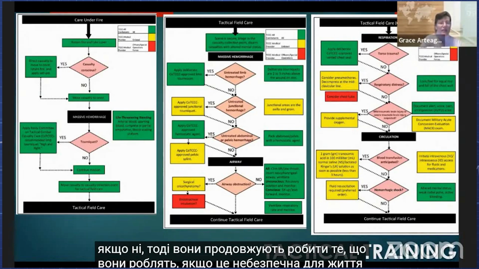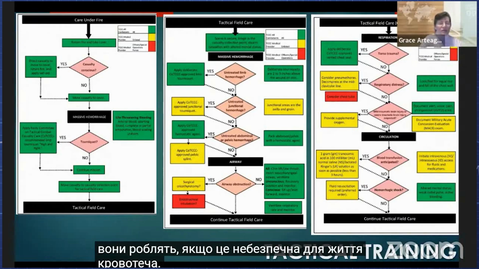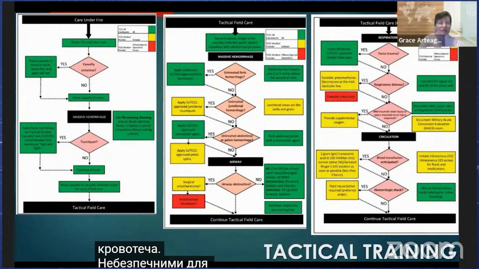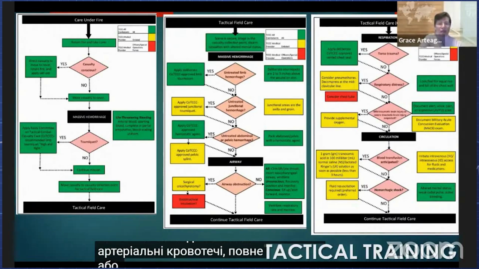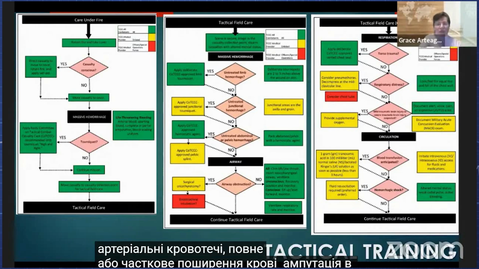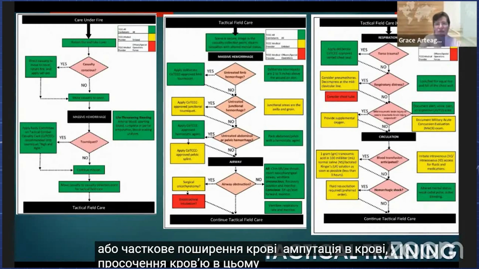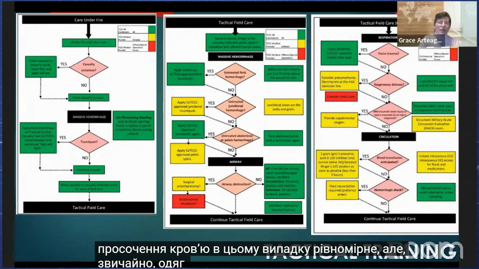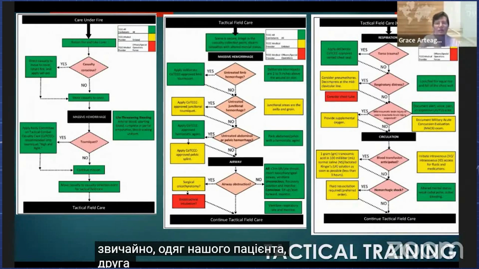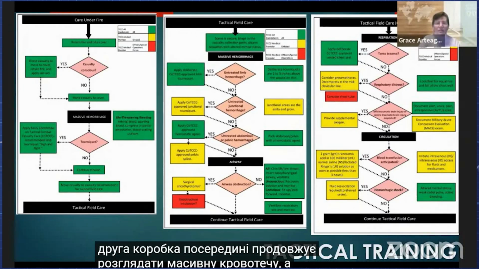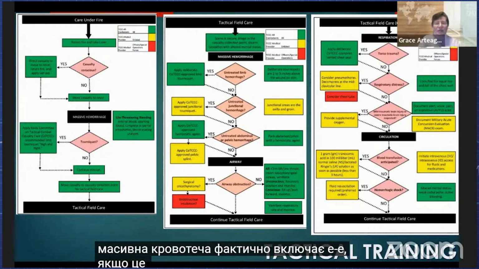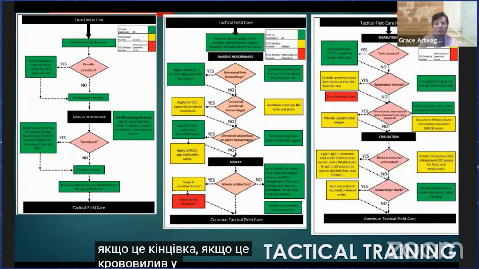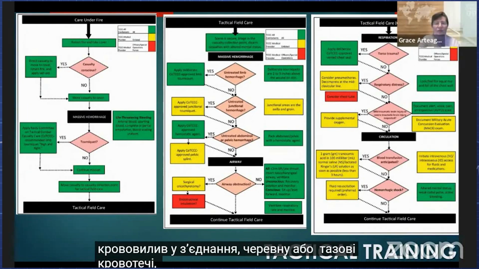Those considered life-threatening are arterial bleeds, spurting blood, complete or partial amputation, and blood soaking, in this case the uniform, but of course clothing in our patient. The second box in the middle continues to address the massive hemorrhage, which includes the limb, junctional hemorrhage, or abdominal or pelvic hemorrhage.